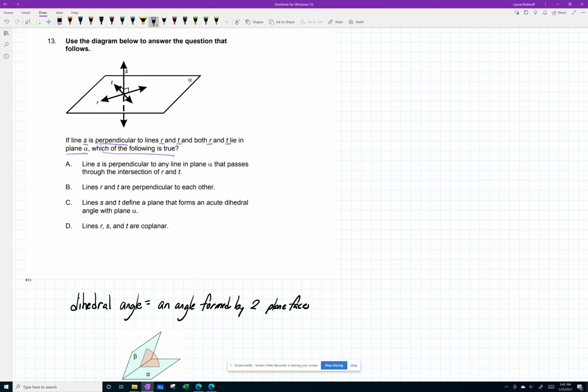Let's see. So for A, they say line S is perpendicular to any line in plane alpha that passes through the intersection of R and T. So here's the intersection of R and T. If I were to draw another line in plane alpha, would that line be perpendicular to S?